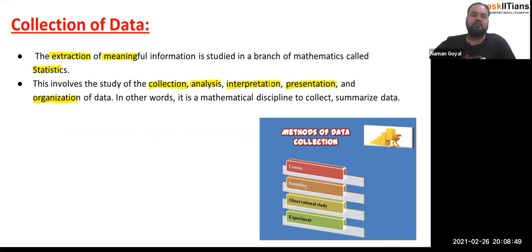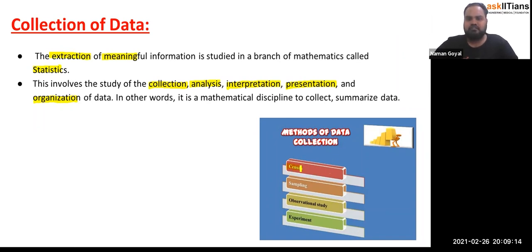Interpretation means they interpret how to calculate the average, all these things. Presentation is that they present the data to you, right? And after that, organization of data: they show you the data in an organized way. First is the number of matches, number of runs, then strike rate, then average, then number of 50s, then 100s. That is known as organization of data.